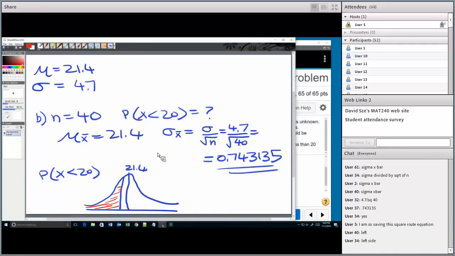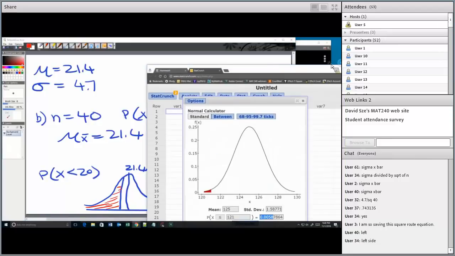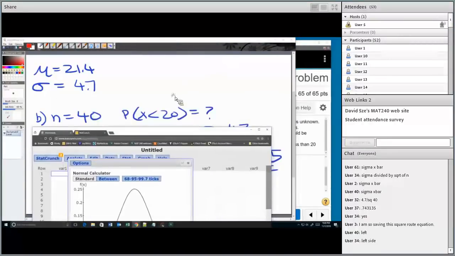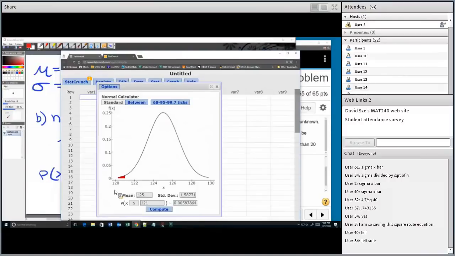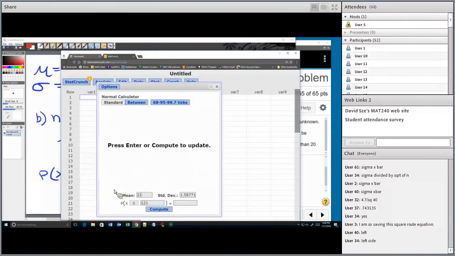Okay, so let's do this. My mean is 21.4. My standard deviation is 0.743135, right?